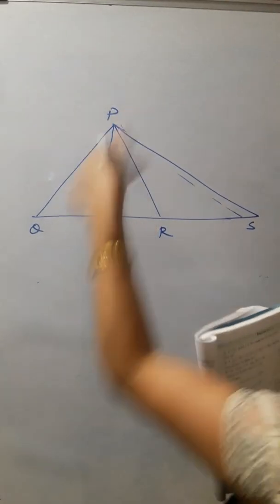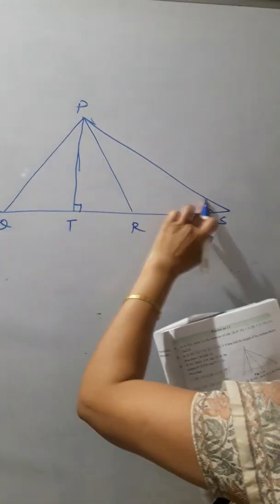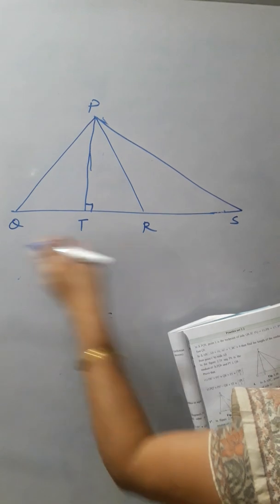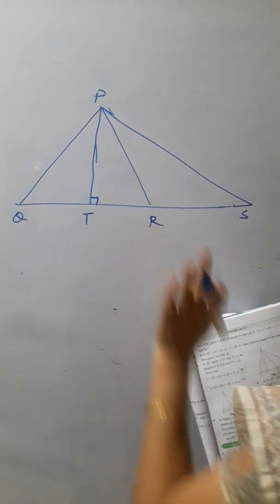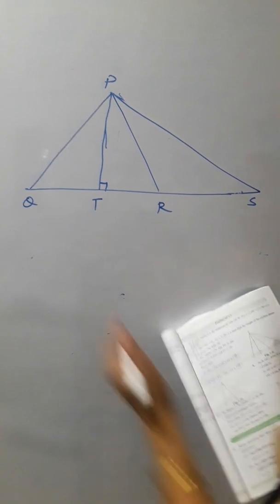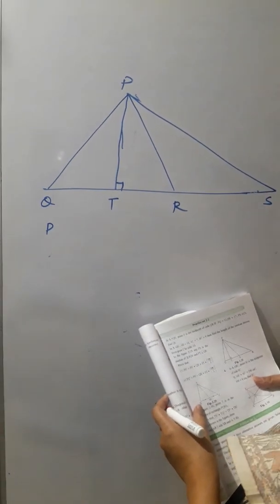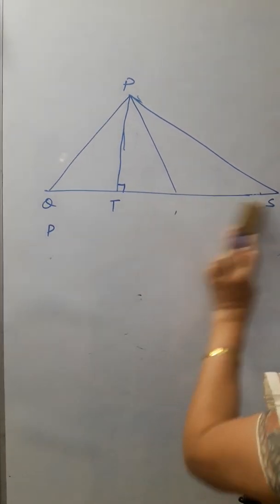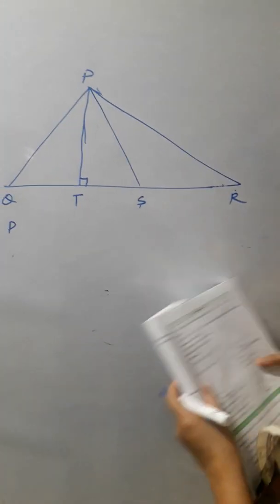Now in given is that S is the midpoint. I will read only necessary information. S is the midpoint of the QR and PT is the perpendicular drawn on the QR. This is required information. Now proof. Proof is that, okay, I am sorry, not R, S is the midpoint. I am very sorry.